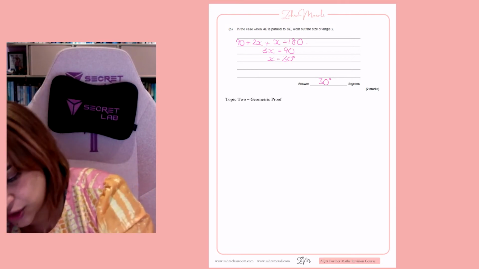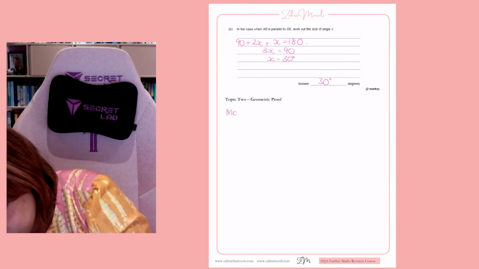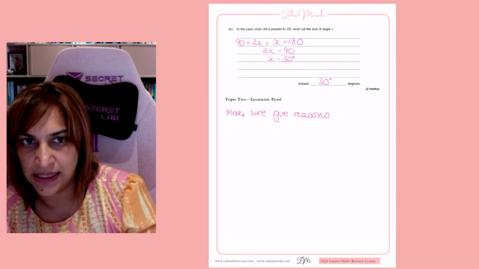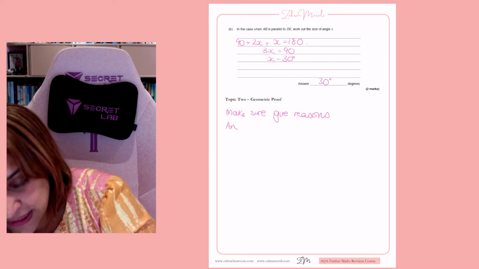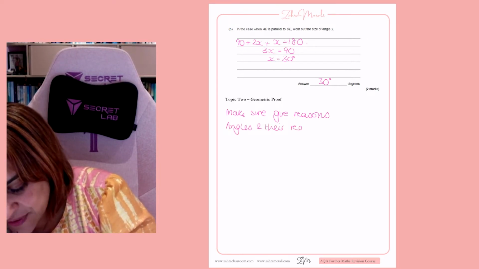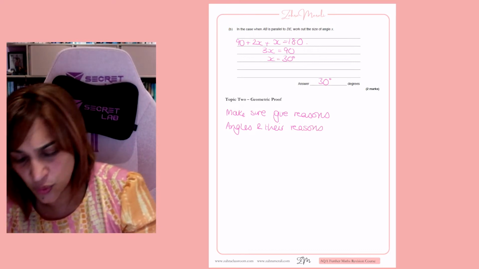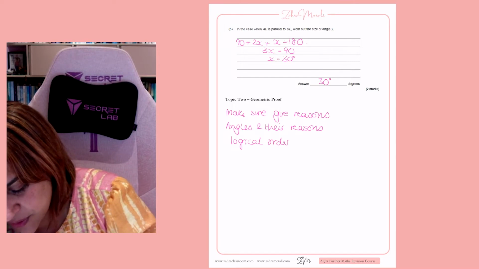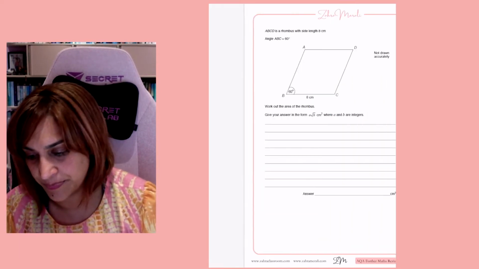So you have to make sure you give reasons. So that's your pointer number one, not just the angles. So you want the angles and their reasons. And if it's a proof question, you want to go in a logical order. So that's the most important thing here.